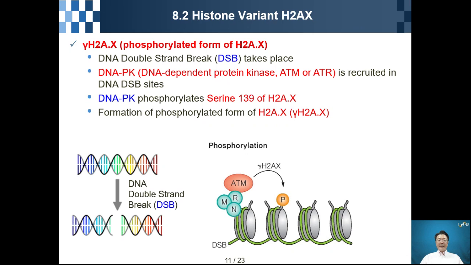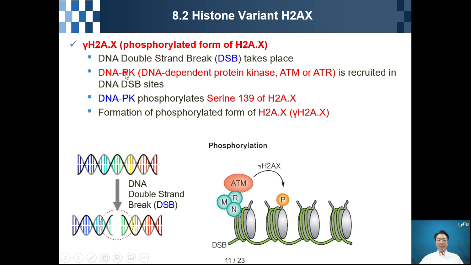Okay, so in this slide I will explain gamma H2AX. Gamma H2AX is a phosphorylated form of H2AX. This is the DNA double strand structure. When a DNA double strand break, which we call a DNA DSB, happens, usually another protein complex recognizes the DSB, and after that it recruits DNA PK.